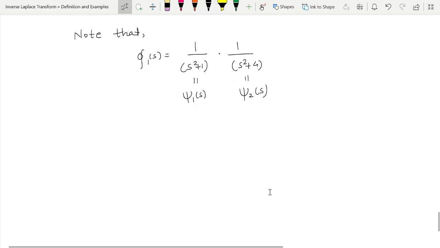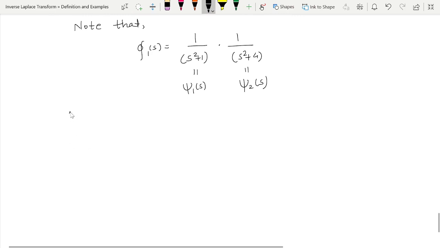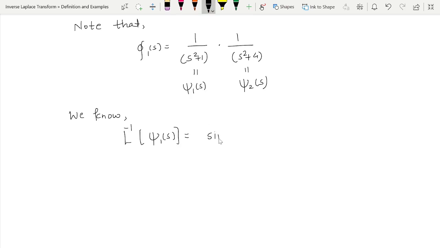And we already know the inverse Laplace transforms of those. L inverse of psi 1 of s is nothing but sine of t, because this one can be written as 1 square. In the numerator we do not have s, right? So it should be sine. And L inverse of psi 2 of s will be, now this 4 can be written as 2 square, so this will be 1 upon 2 sine of 2t.